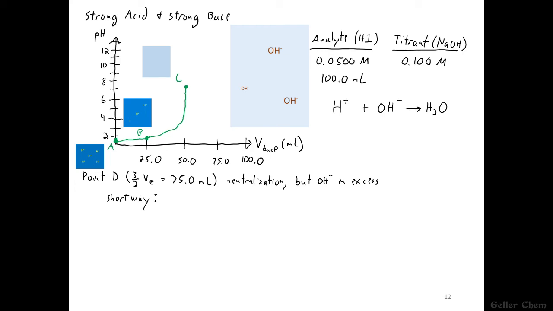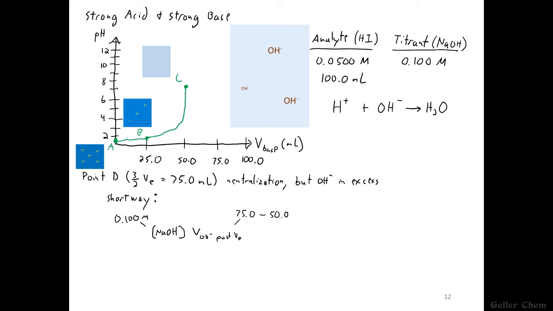So what we're going to do is take the concentration of NaOH, which we already know from the beginning of the problem, it's 0.100 moles per liter, or millimoles per milliliter, and we're going to multiply by the volume of hydroxide post-equivalence. In other words, we have added 75.0 milliliters total, and 50 of those milliliters went into reaching the equivalence point.